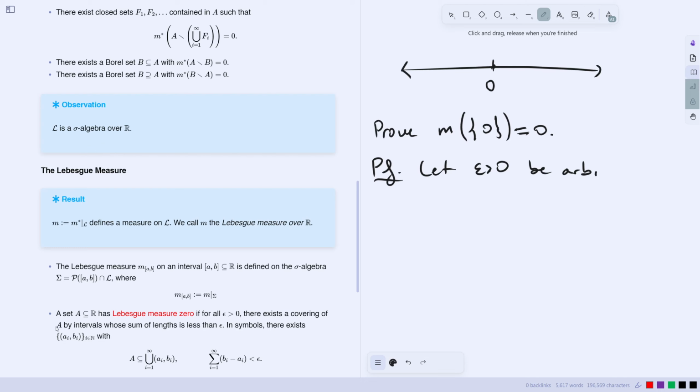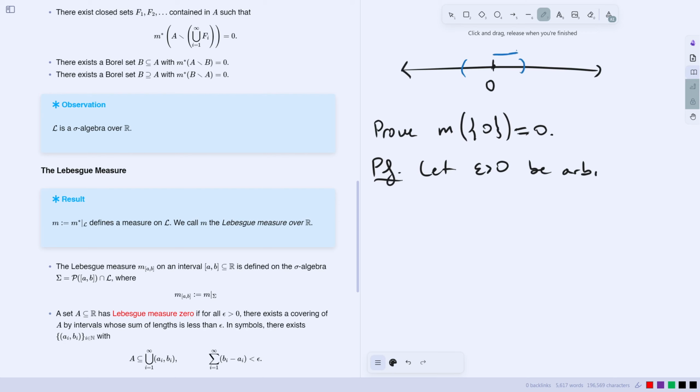We're just going to pick a cover with one element. We need the length of that interval to be less than epsilon. Well, let's see. What if I just pick an open interval around 0? Let's draw it.